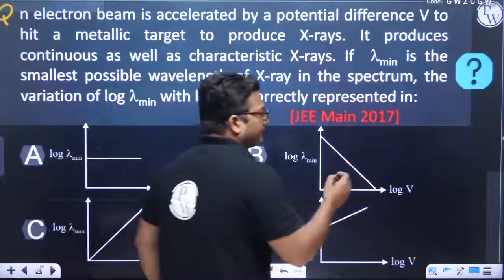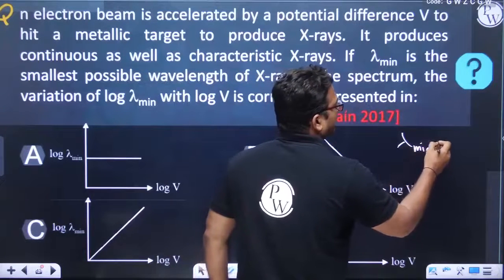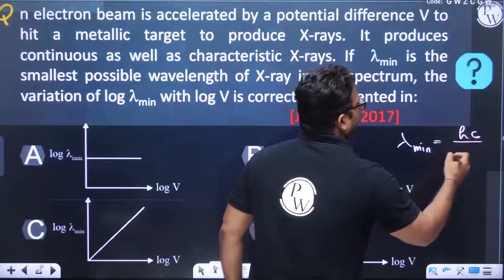So let us write, as you know, lambda minimum is actually hc by eV.